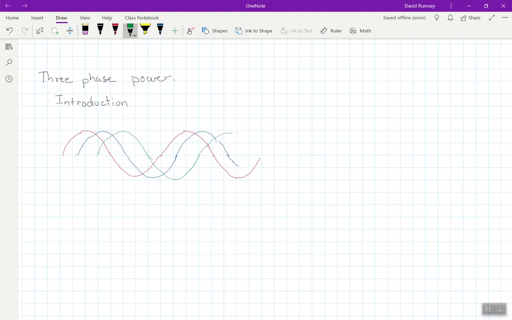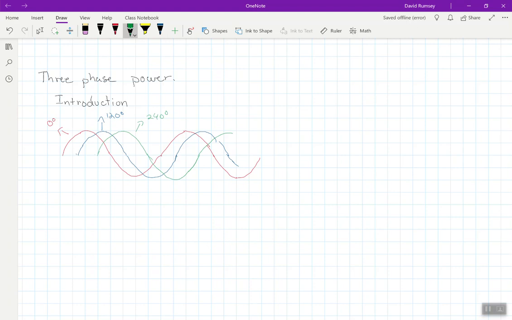So you'll see these kinds of graphs fairly frequently. You won't see me sketching these too often, but you'll see these in texts, and if you ever work in the power area, you'll see these kinds of graphs quite a bit. The idea with three-phase power is that this one has a phase angle of 0 degrees, this one has a phase angle of 120 degrees, and this has a phase angle of 240 degrees.